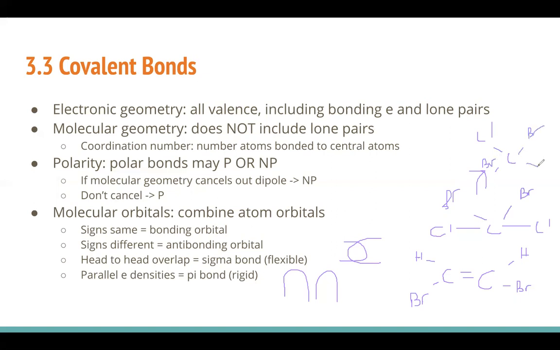You can kind of see that on the left side, the two atoms could switch places, and they could do that because sigma bonds are flexible. But on the bottom, these cannot switch places, and it's because pi bonds are rigid. This is actually really important in both general and organic chemistry.